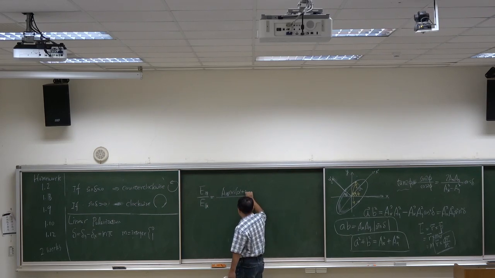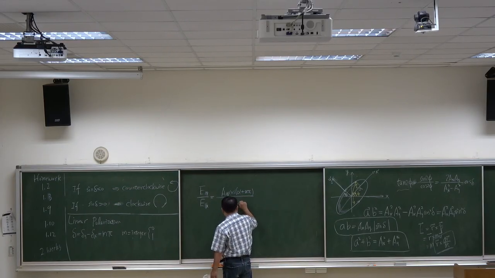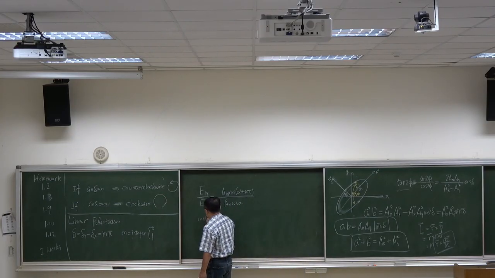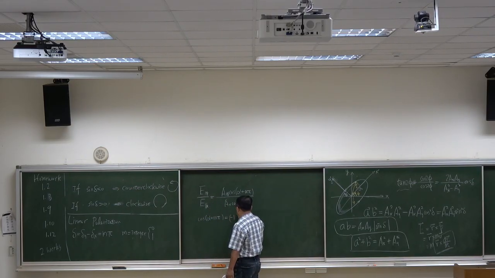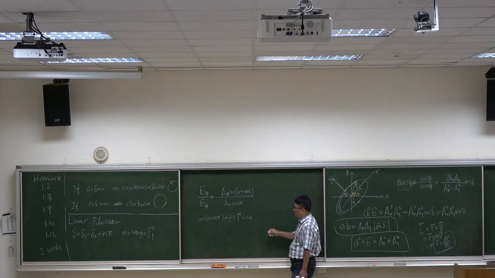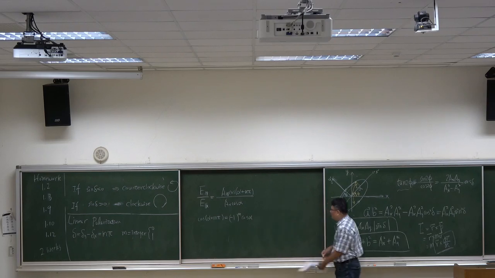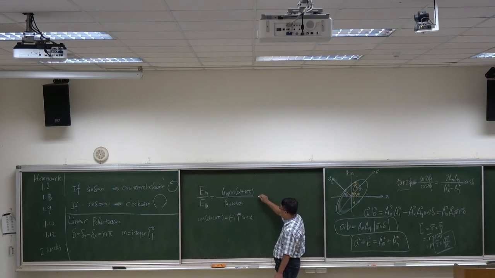Delta now is equal to m pi. Cosine alpha plus m pi is just equal to minus 1 to the power of m times cosine alpha. So this is equal to minus 1 to the power of m times AY over AX.